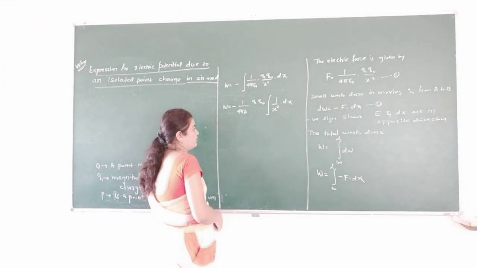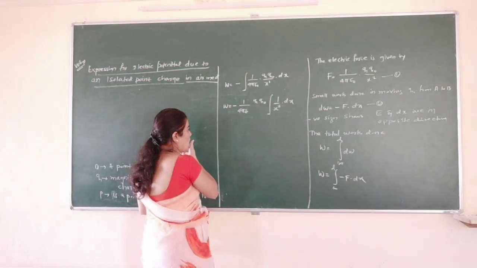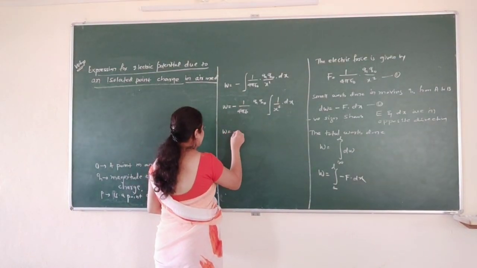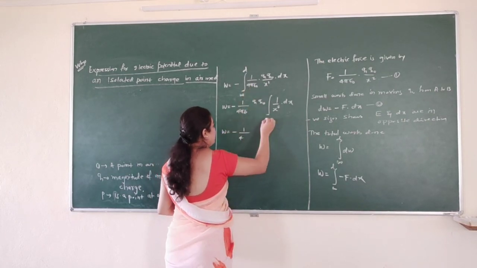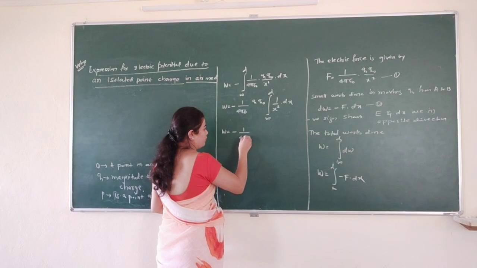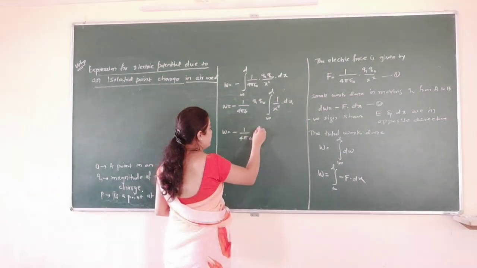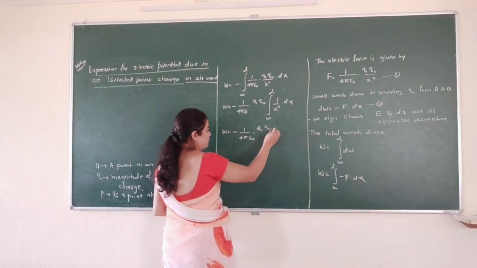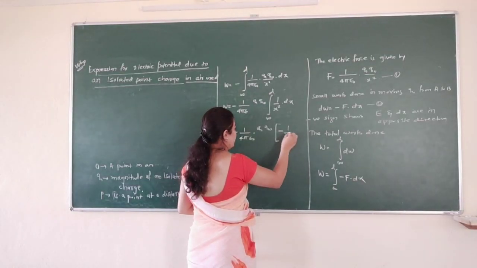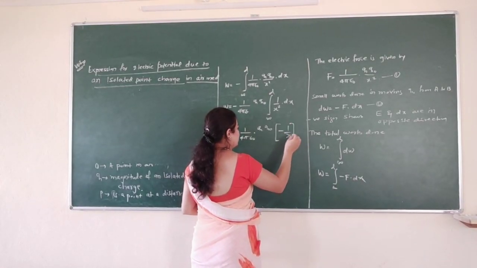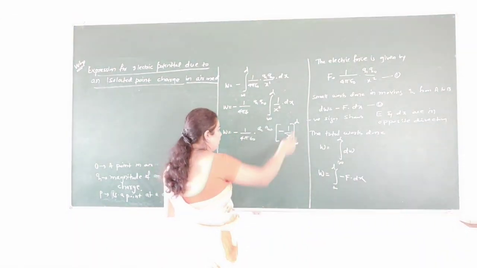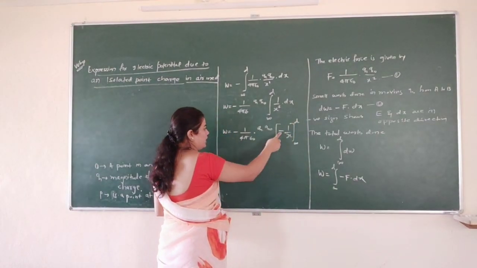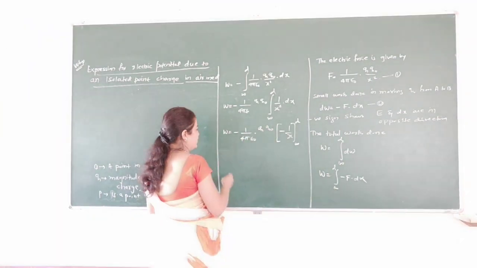Integration of 1 divided by x square dx is minus 1 divided by x, from infinity to d. Upper limit minus lower limit. Take this minus outside, the minus cancels.